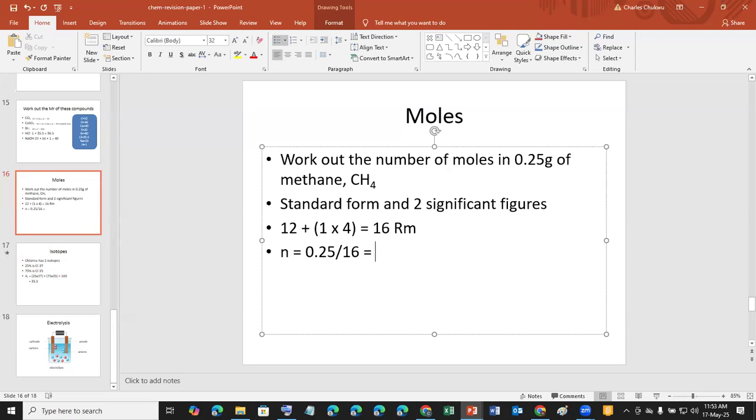It says 0.0156, so 0.016. Okay, so that's going to be the number of moles. If it's two significant figures, we can leave it at that.